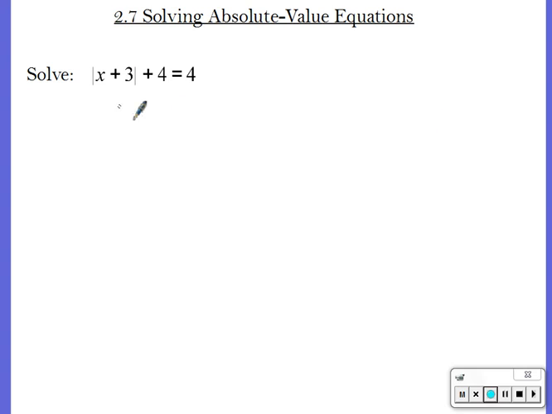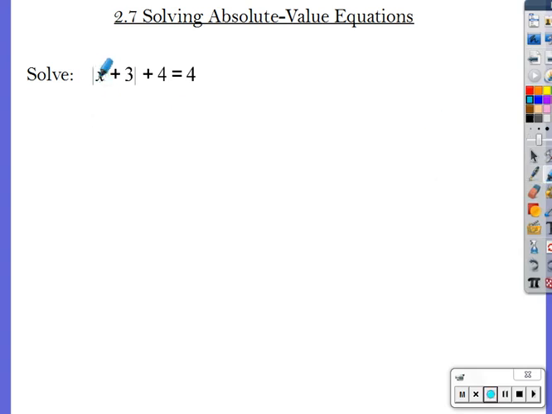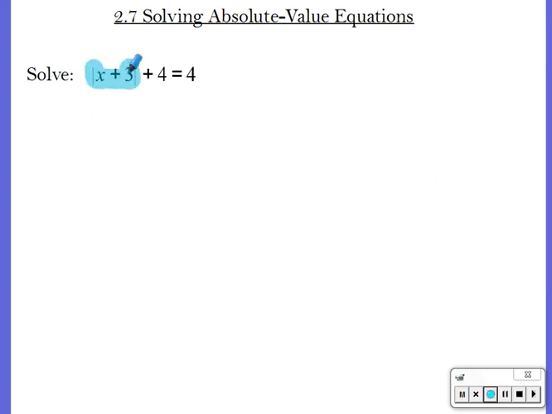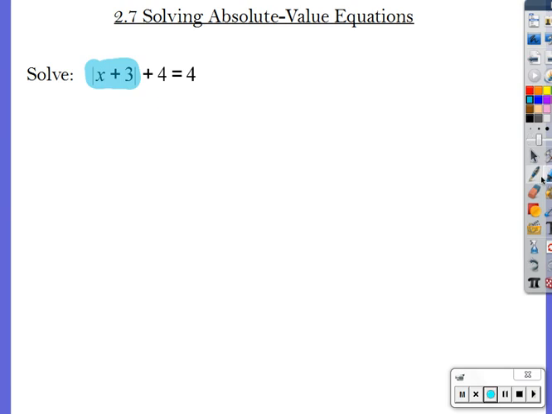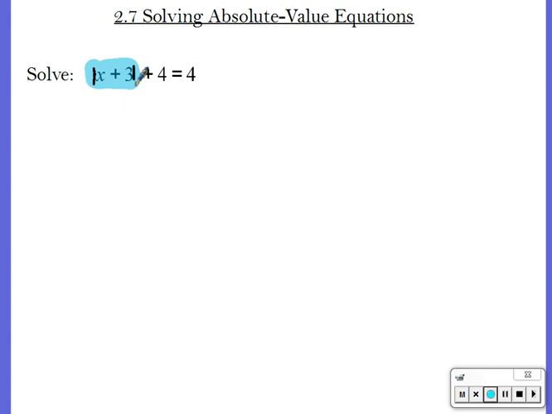This one, again, I need to get the absolute value part all by itself first. By doing opposite operations, we're adding 4, so subtract 4. So you get the absolute value of x plus 3 is equal to 0.